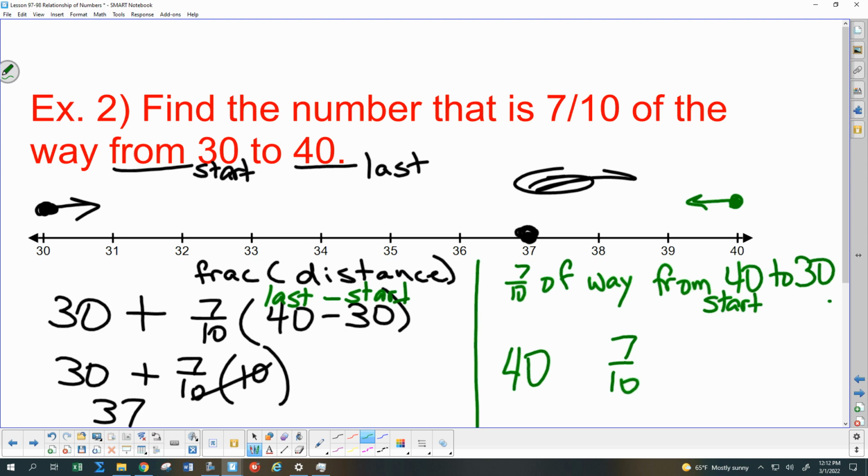So if I do my last minus my start here, I'm doing the 30 minus the 40, and I'm getting a negative number. That negative is what's going to make me go to the left. So it's still plus this because it's now plus a negative.